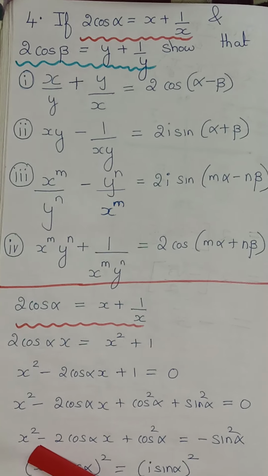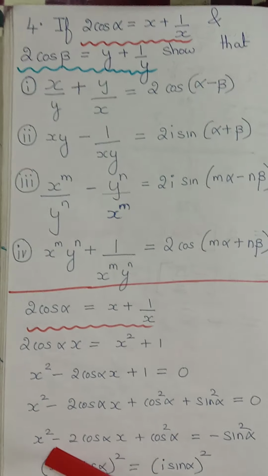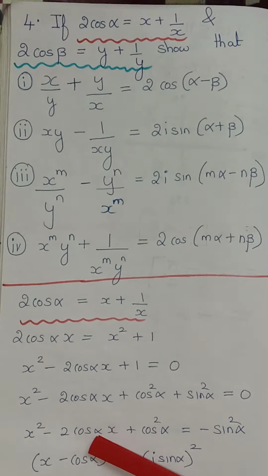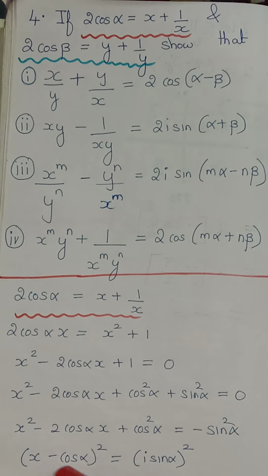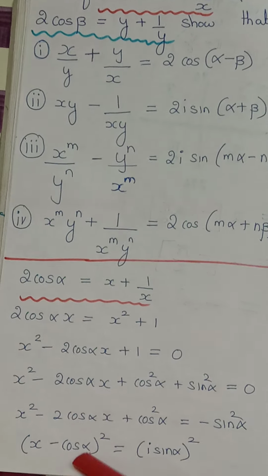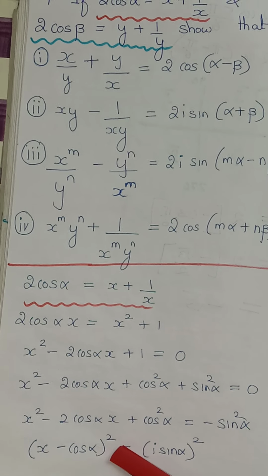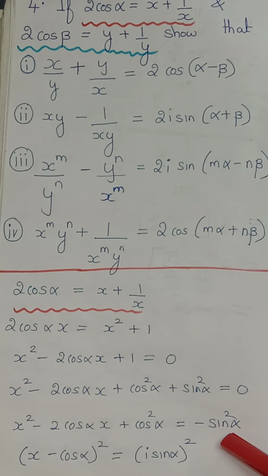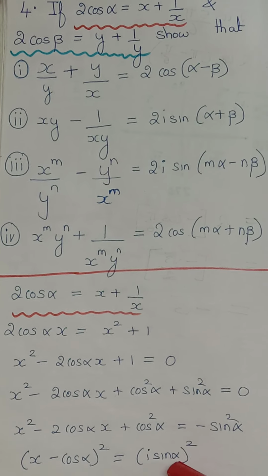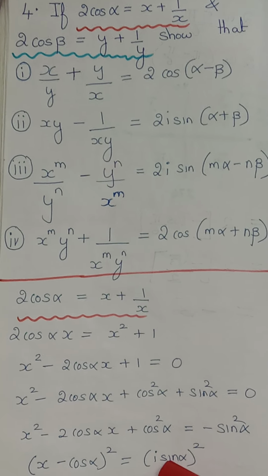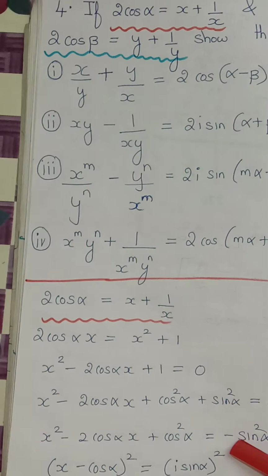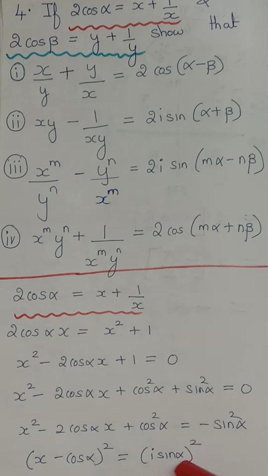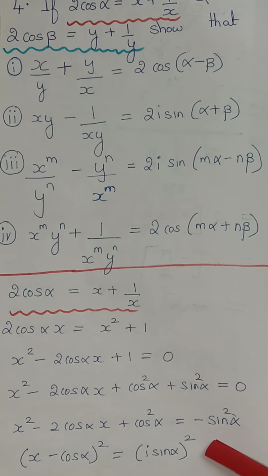Now when you see this, the algebraic formula a square minus 2ab plus b square comes to mind. So I can write this as a minus b whole square, that is x minus cos alpha whole square. And this I can write as i sin alpha whole square. Why i? Because you know i square is minus 1. Since I have a minus sign, I can write it as i sin alpha whole square.